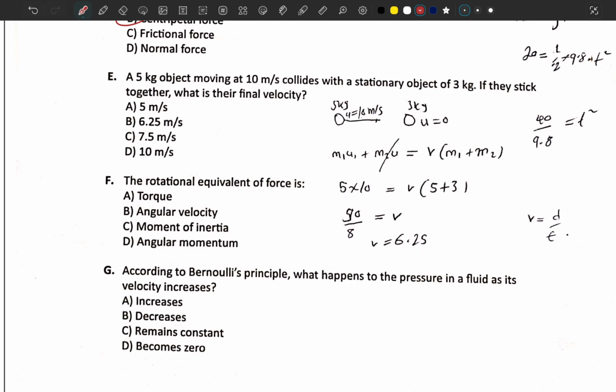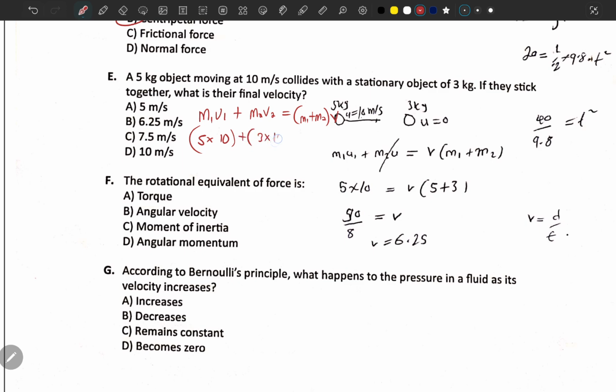Okay, so meaning m1 v1 plus m2 v2 should be equal to m1 plus m2 multiplied by what? V. V will be common because they have stuck together and they are moving together. What are we looking for? We are looking at their final velocity. So the first mass is 5 multiplied by 10.